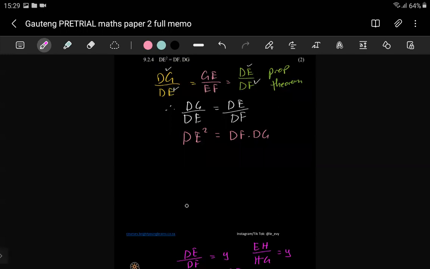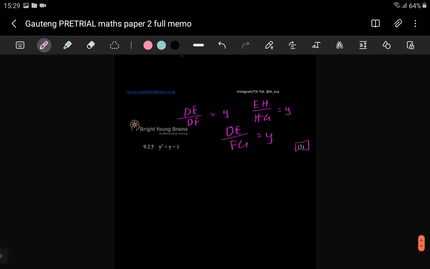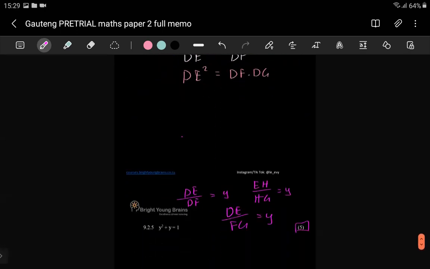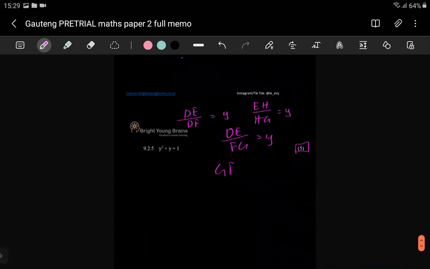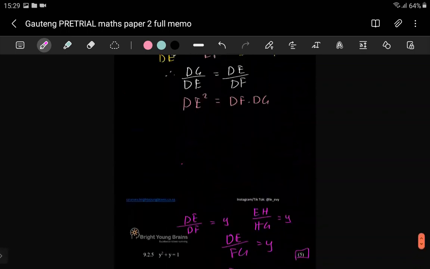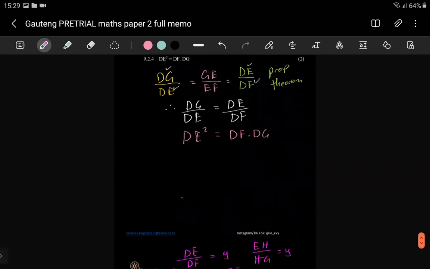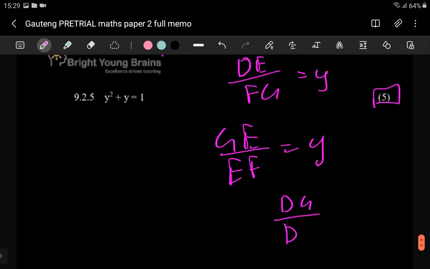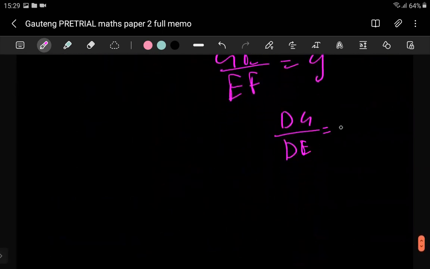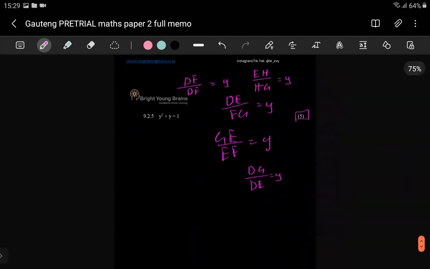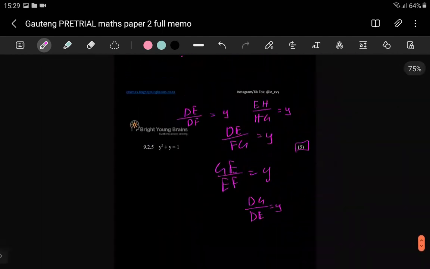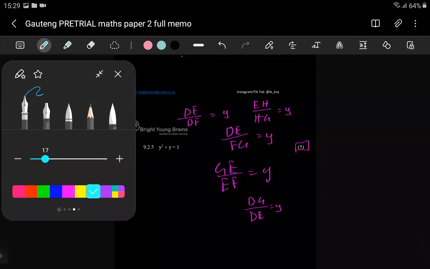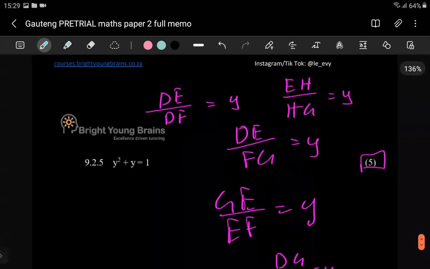So it means that GE over EF is also equal to y, and DG over DE is also equal to y. Wow, so many things equal to y. Oh my goodness, this is going to be very, very crazy.